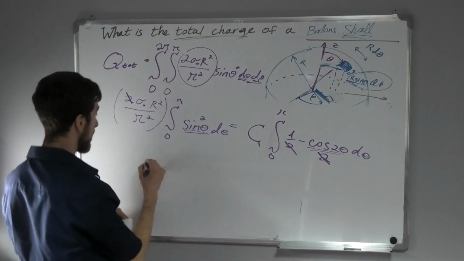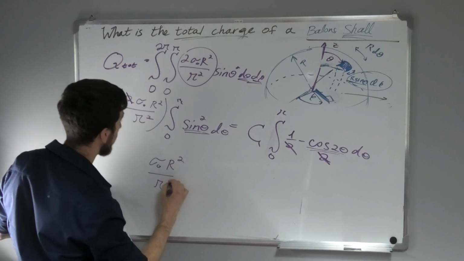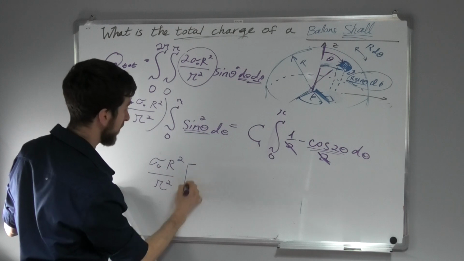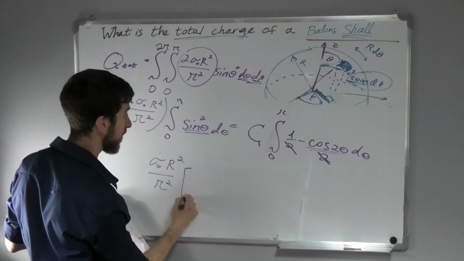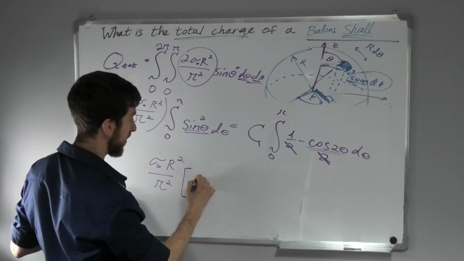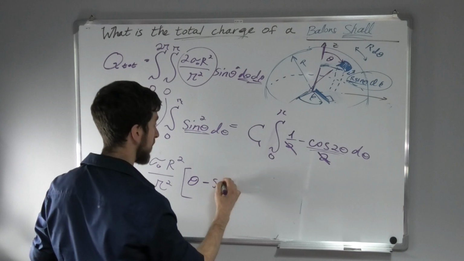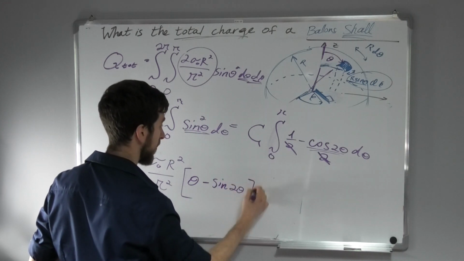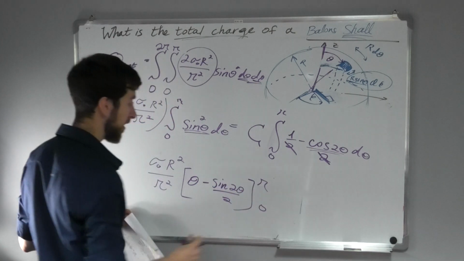We have sigma 0 r squared over pi, integral here. Wait, sorry. I'm going to apply the integral, okay? So it's going to be theta minus sin 2 theta over 2 from 0 to pi.